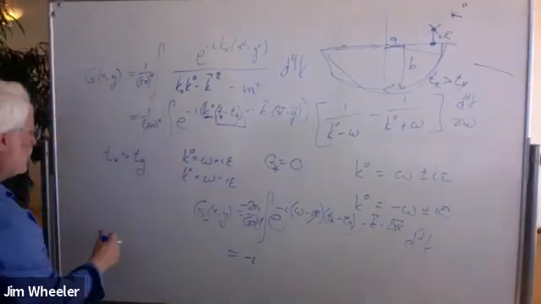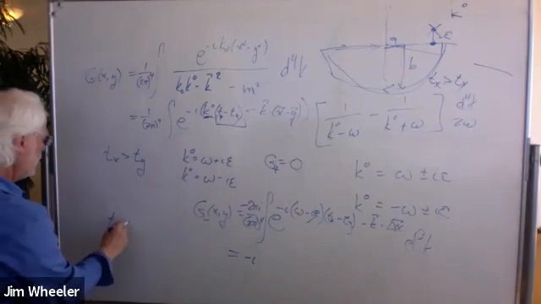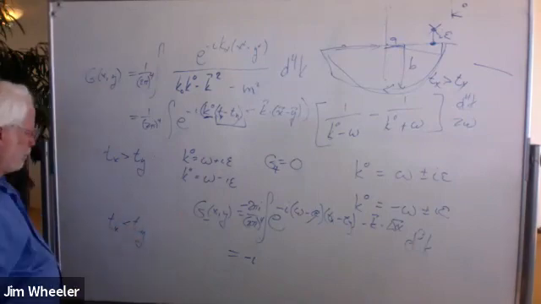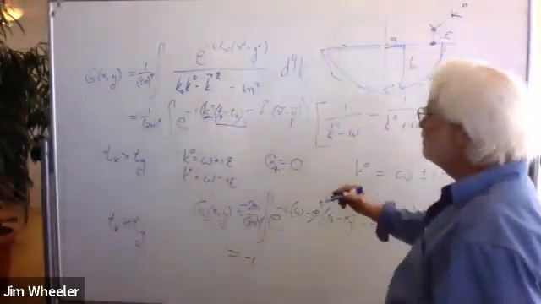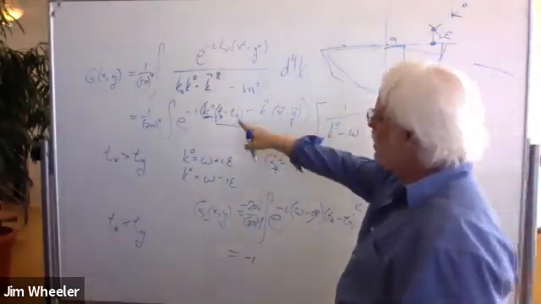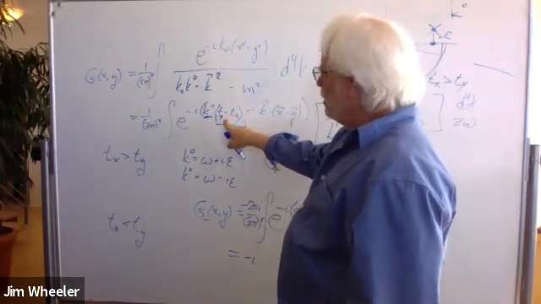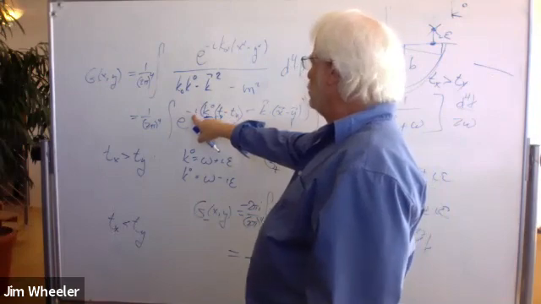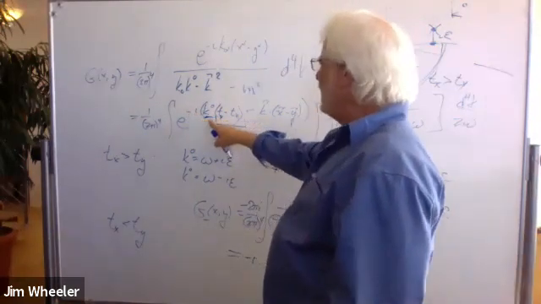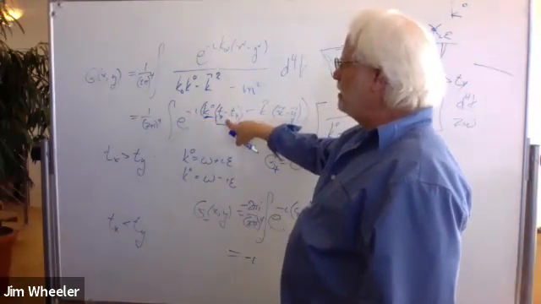Now we do it all again for t_x less than t_y. When t_x is less than t_y, this factor is negative. So in order to converge, we have plus i k naught times some positive thing.